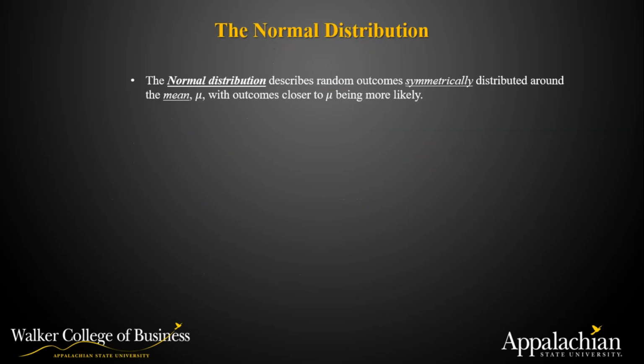So the normal distribution describes random outcomes that are symmetrically distributed around the mean, just like the uniform distribution. However, unlike the uniform distribution, outcomes closer to the mean are more likely than outcomes that are further from the mean. As previously noted, we indicate that the random variable x is distributed normally by x followed by a tilde with a capital N, where the arguments for the normal distribution are the mean, mu, and the standard deviation, sigma.